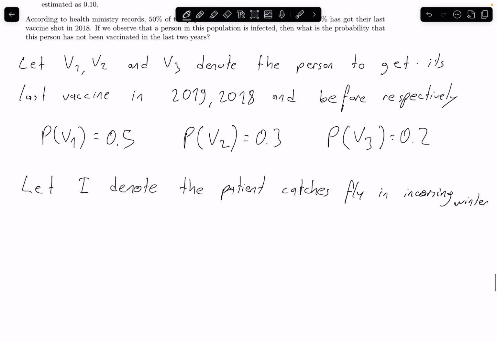So then we know the probability of the patient is sick and vaccinated in 2019 is 0.01, which is 1%.